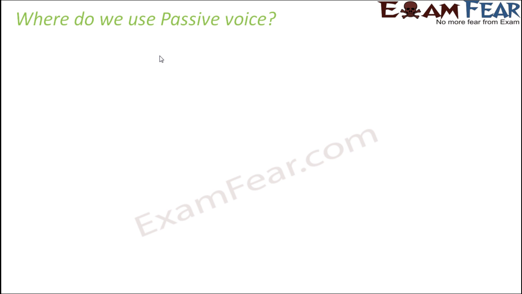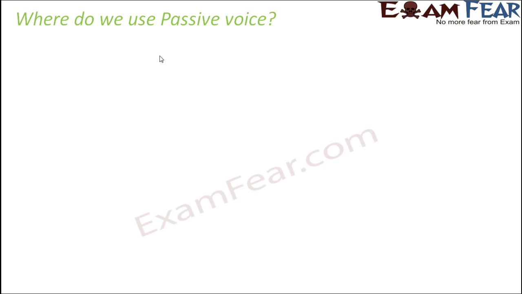For example, an apple is eaten by Ram and Ram eats apple. Both of these mean the same. So why do we have these two different voices? When we are speaking or when we are writing, where should we use active voice and where should we use passive voice? That is a bigger question which might still be there in your mind.